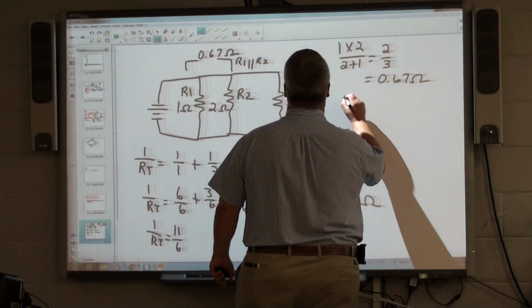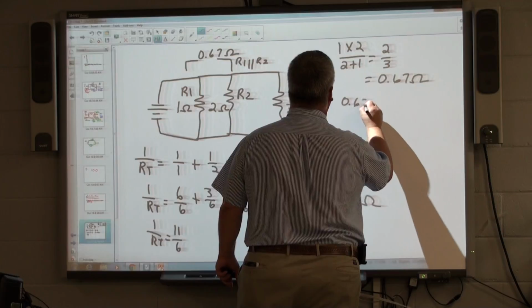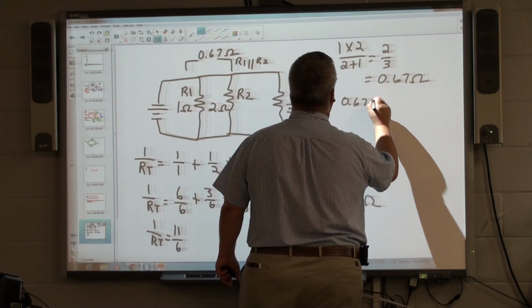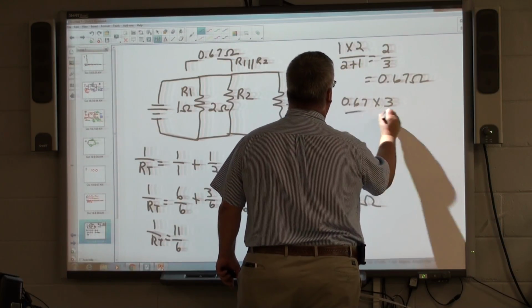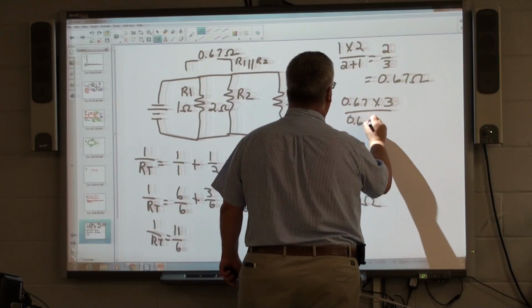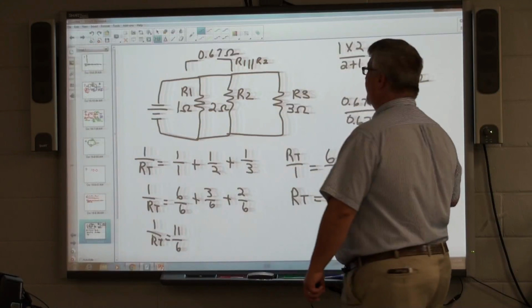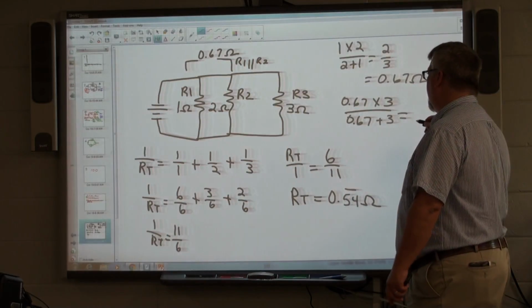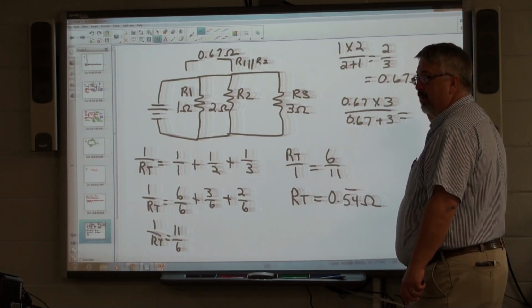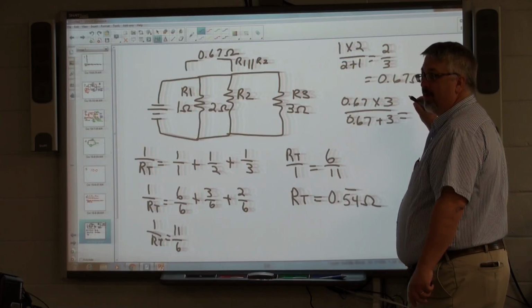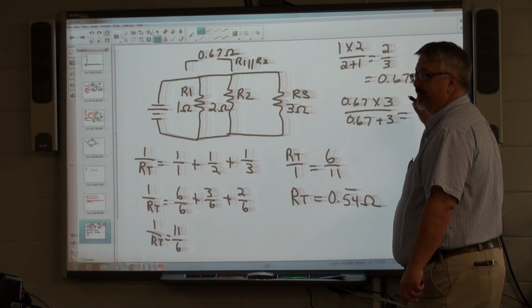So I can take 0.67 times 3 over 0.67 plus 3. Well, what is 0.67 times 3? For all intents and purposes, it should be 2.